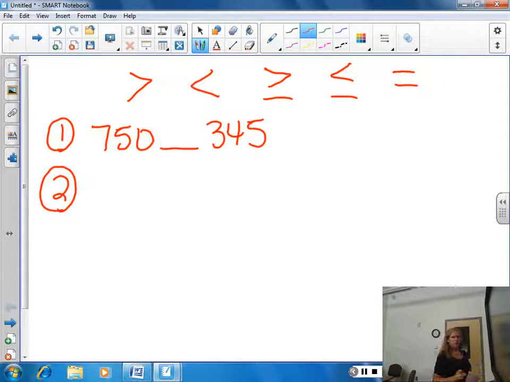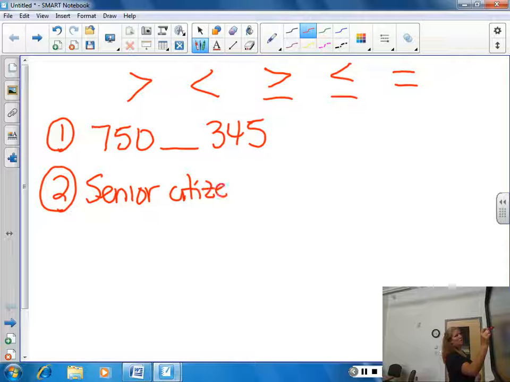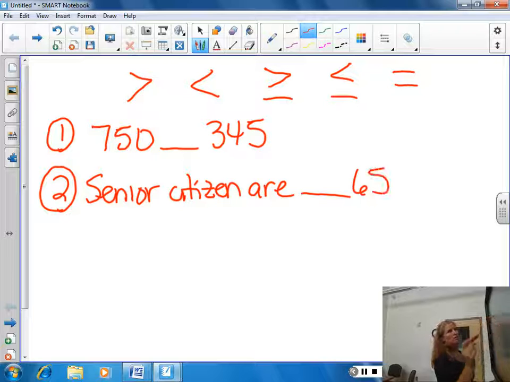Something that we all know, a number that we all know, something that's greater than or less than. Number 2: senior citizens are something to 65.